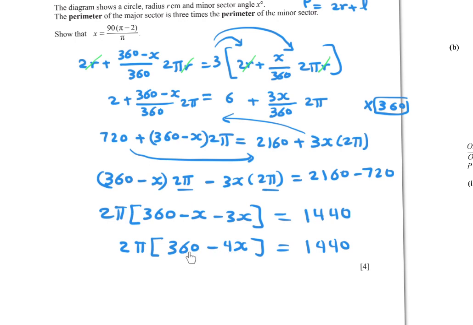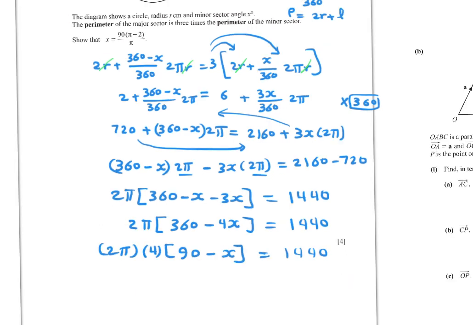We can take 4 common, so you are left with 90 minus x times 4 times 2 pi equals 1440. Now divide both sides by 8. So pi into 90 minus x equals 180.